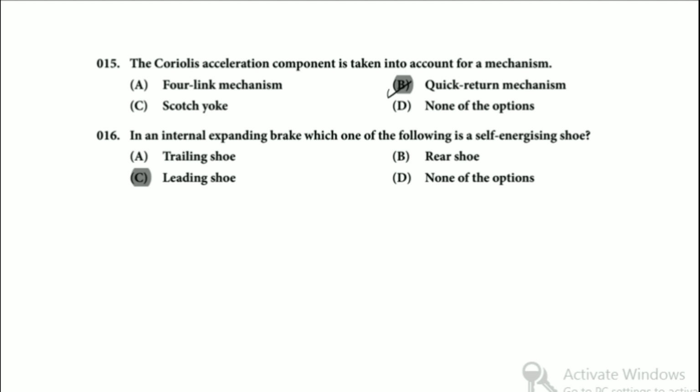Here they have asked for the internal expanding brake, so the answer should be the leading shoe, which works as a self energizing shoe in the internal expanding brake. So C should be the answer.